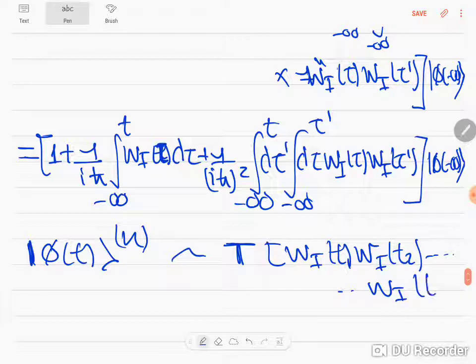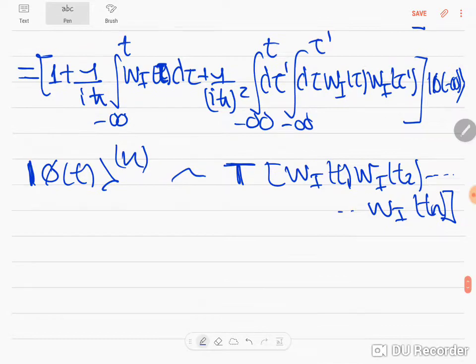Okay, this is what we want to do, and now we want to do it for second order, so just up to two products of the perturbations evaluated at two different times.